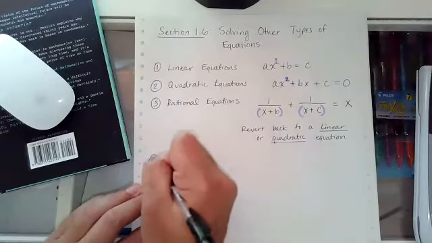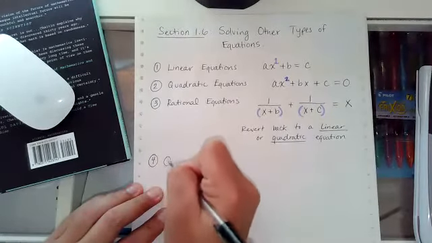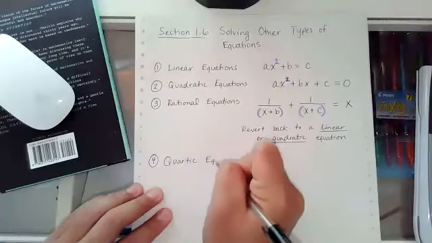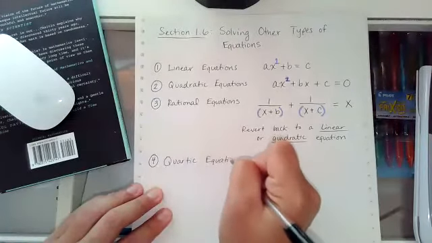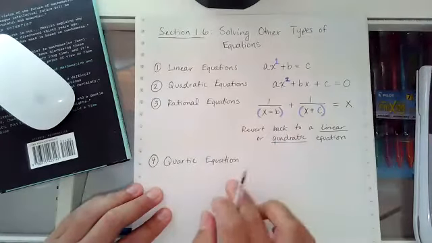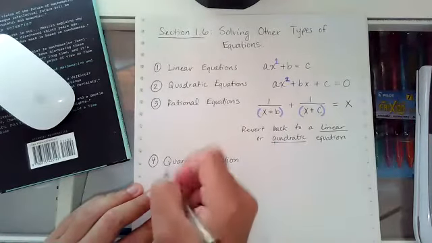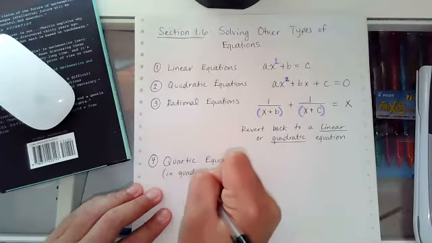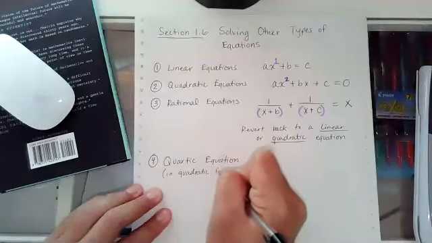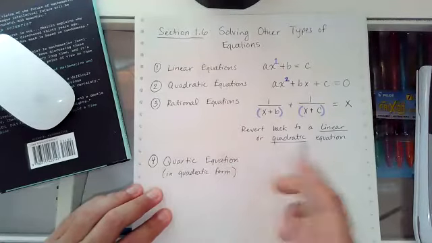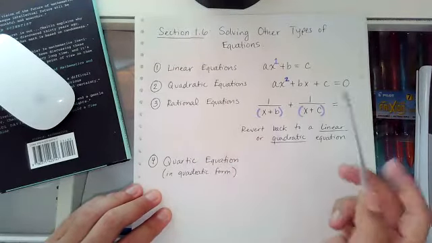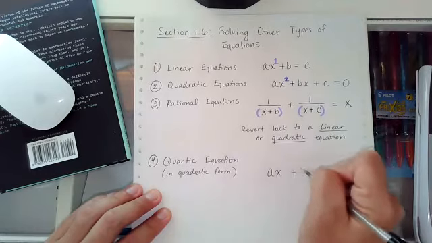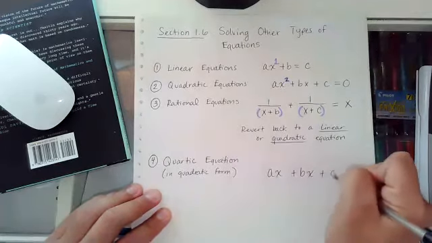The fourth type of equation that we looked at is the quartic equation. And this one did have a standard form. The quartic equation we looked at specifically was in quadratic form. What does that mean? Well, like the standard form of our quadratic equation, we have this ax plus bx plus c situation.